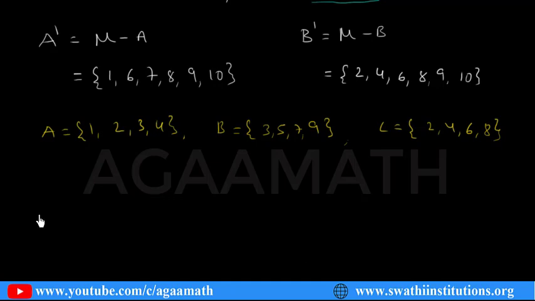They ask you to find the complement. In this case, there is no universal set given. But we have already learned that all the given sets are subsets of the universal set.